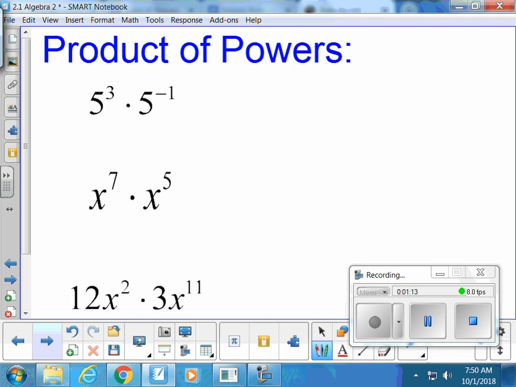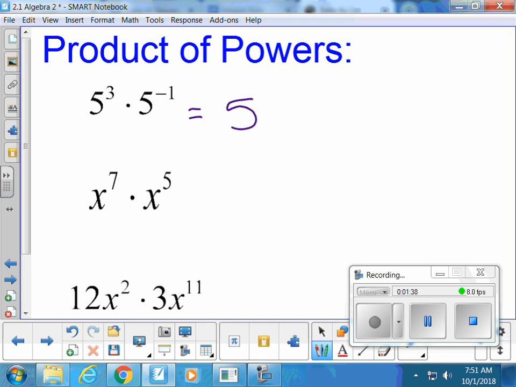So let's start with product of powers. You can kind of look on your little slip of paper, but the definition is a to the m power times a to the n power equals a to the m plus n. So you basically are going to take your bases, keep that base the same. In this case, 5 to the third and 5 to the negative first. You're going to keep that base of 5.